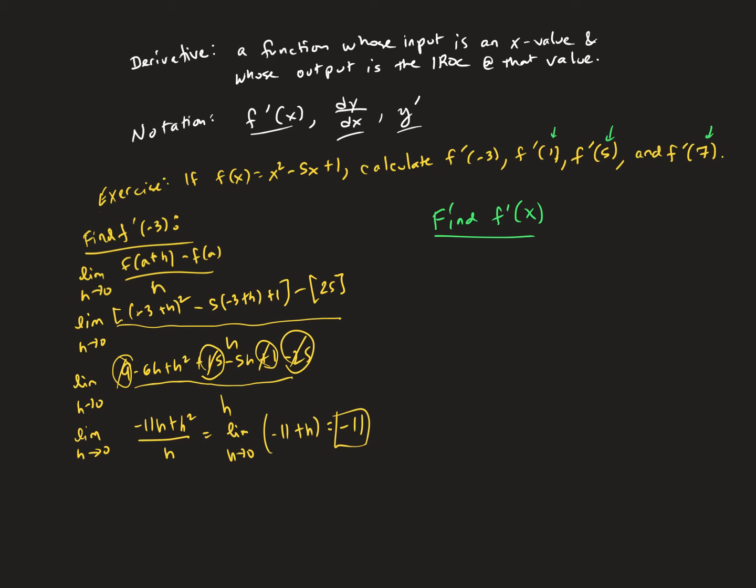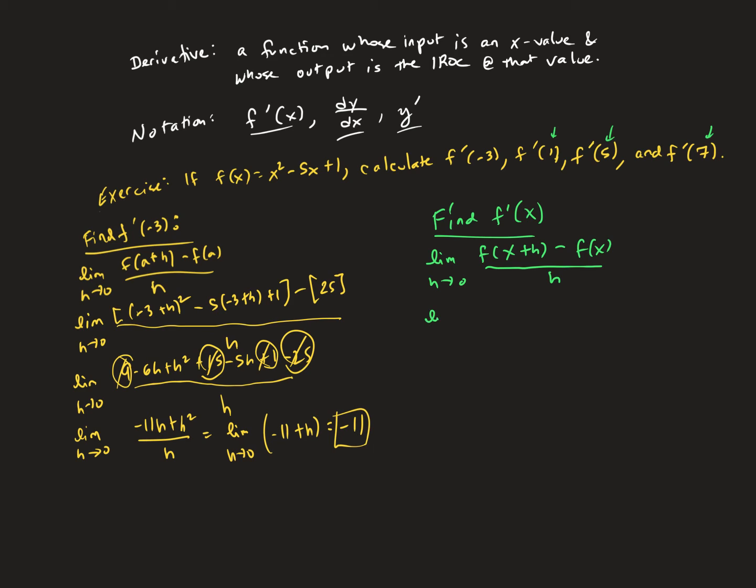So let's see what this looks like. The limit definition of the derivative, the h definition, we're going to use that again. But this time, instead of a, which was a specific number, we're going to use this generic x. Other than that, the process looks exactly the same.